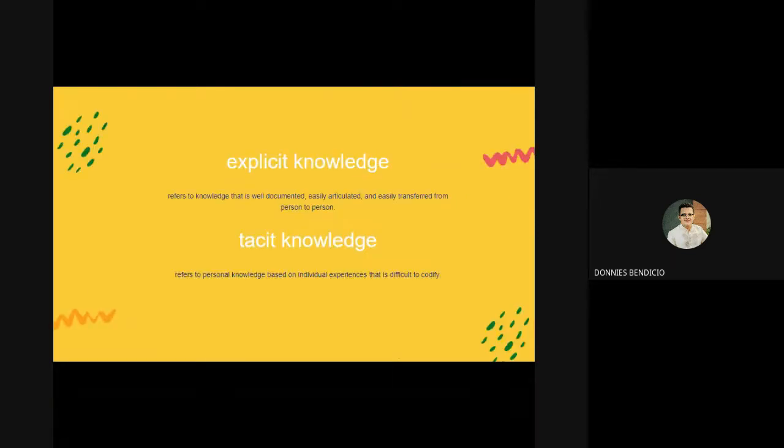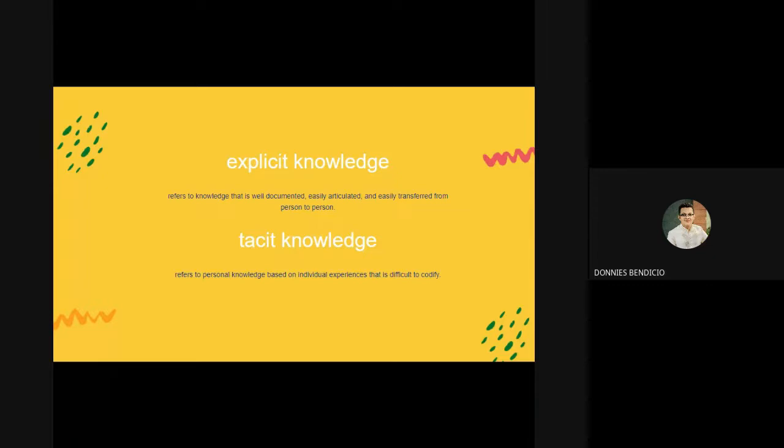So explicit knowledge refers to knowledge that is well documented, easily articulated, and easily transferred from person to person. So for example, explicit knowledge includes processes, checklists, flowcharts, formulas, and definitions inside the organization. So you can really have access to this material.